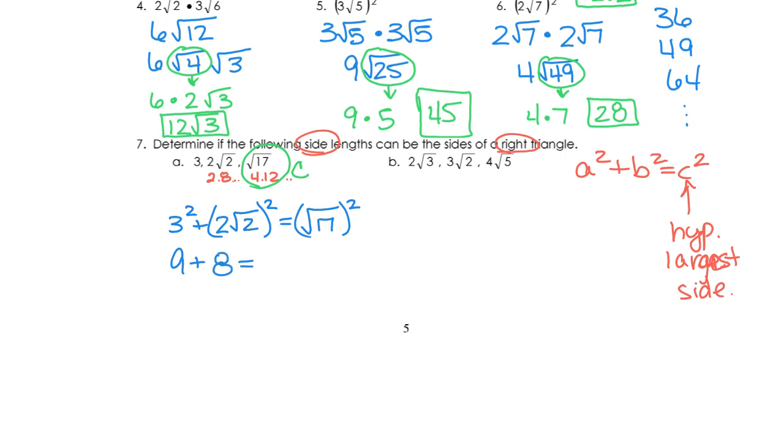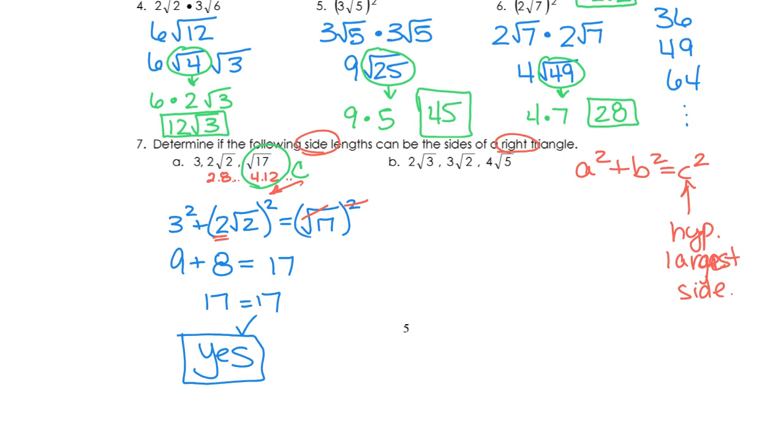And if you go back and grab the decimal that represented square root of 17 and you square that, that's going to be 17. And the reason why that one is because the square root and the square just cancel each other out. Why it doesn't work here is because of the number in front. You have to make sure that you square that number out in front, okay, like we did up in number 5 and number 6 up here. Okay, all right, go ahead and add them together. 9 plus 8 is 17, and 17 equals 17. And so can these be the sides of a right triangle? And the answer is yes.